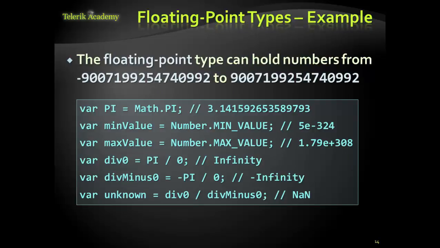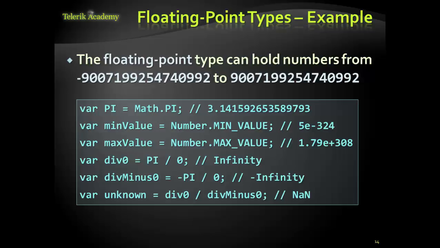So here are a few floating point numbers and a few floating point number constants that you can use. For example, as we saw last time, the math object has a property of pi that returns a more or less precise value of the pi number.